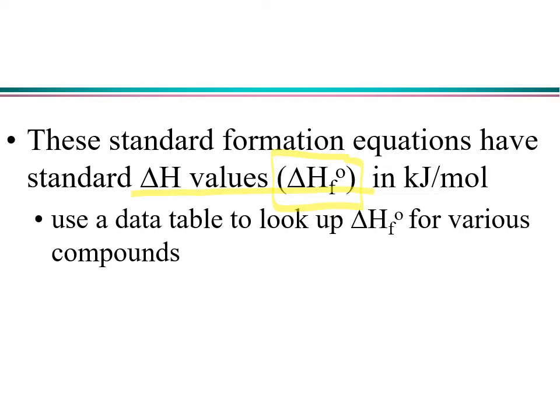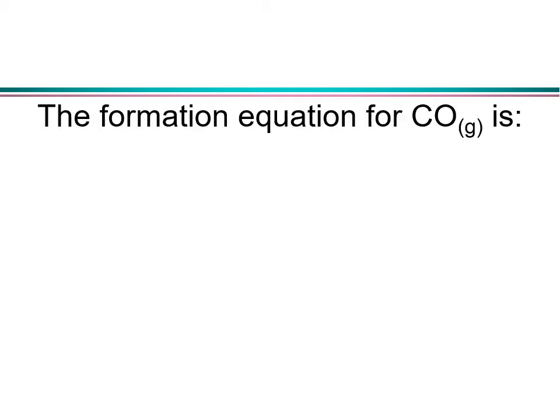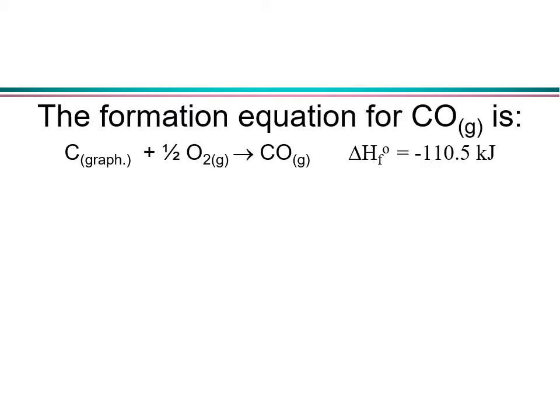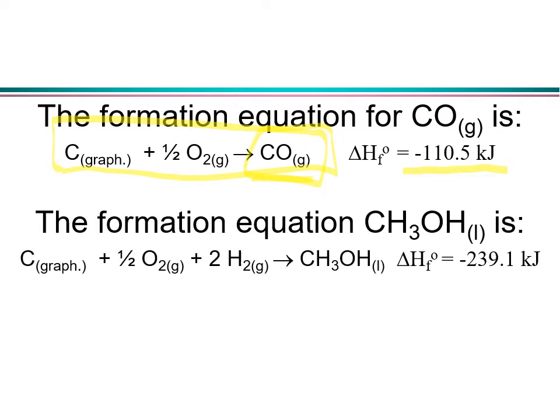So we use this data table, and then we are just given the delta H values for various different compounds. So if you look them up, you can say, okay, well, here's the formation equation for carbon monoxide that we wrote earlier. You can look up on a formation table that gives you the heats of formation, and it will say the delta H, the heat of formation for that particular reaction, is negative 110.5 kilojoules. If you look up the one for methanol, it'll say negative 239.1 kilojoules is the heat of formation for methanol.